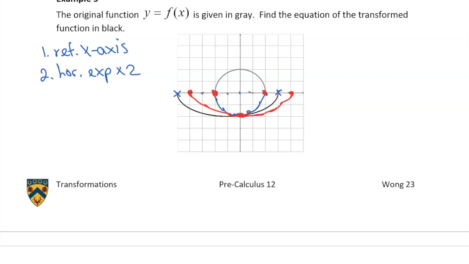It is almost the same as what our final function is supposed to look like, except we need to move everything 1 unit to the left. And so if we move everything from there 1 unit to the left, we would have our final function.